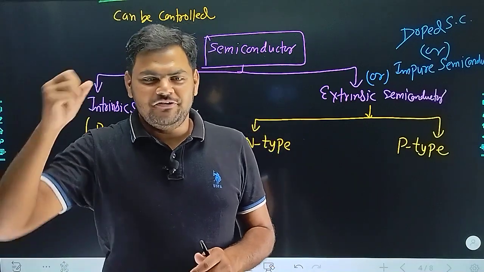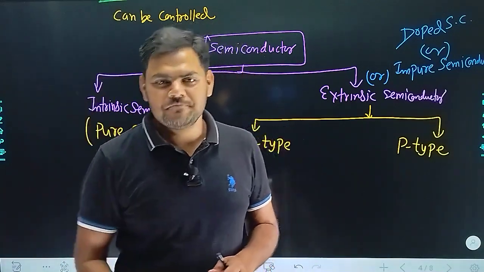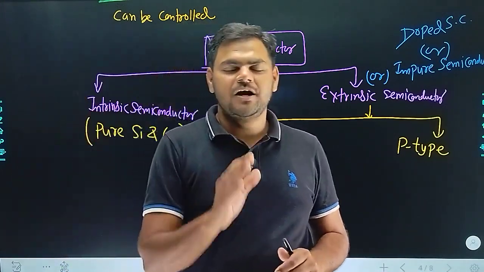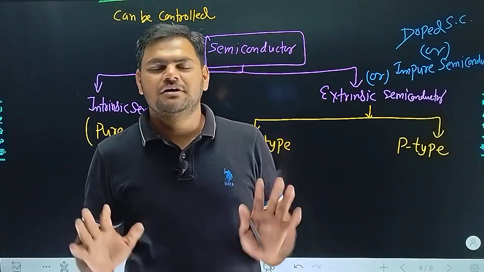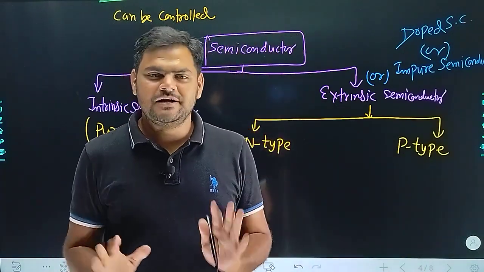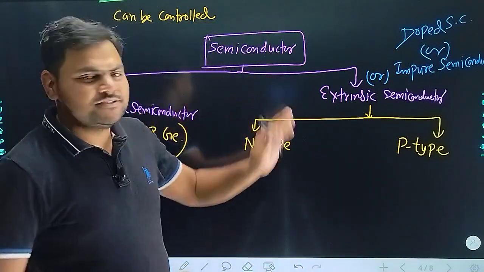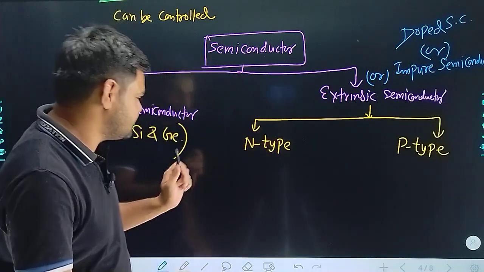If I enter into the application part directly, that may confuse you. To give you an idea of how electronic devices work, then we will enter into the application part, which is analog electronics. Of course, I will deal with analog electronics, but here just to give a basic understanding, we are discussing all this.